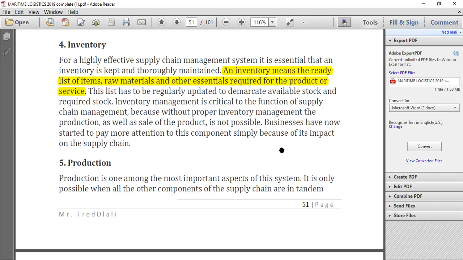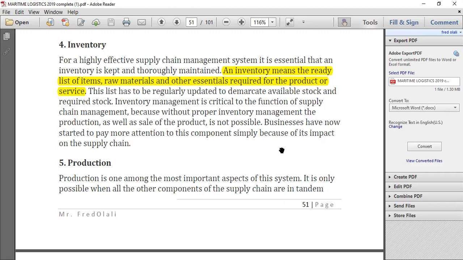So this list has to be regularly updated to demarcate available stock and required stock. Remember that inventory keeps on moving, and this is where we get the stock in and stock out.